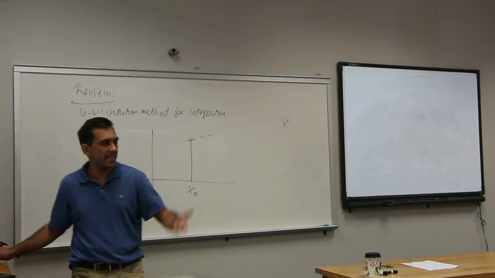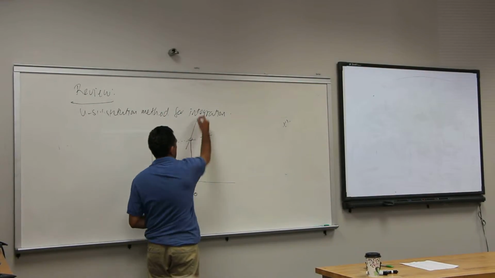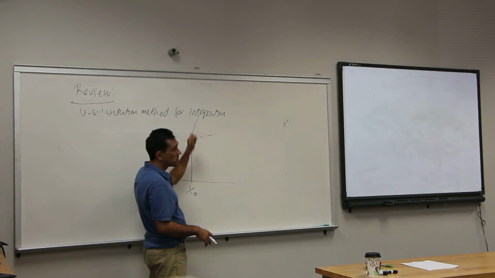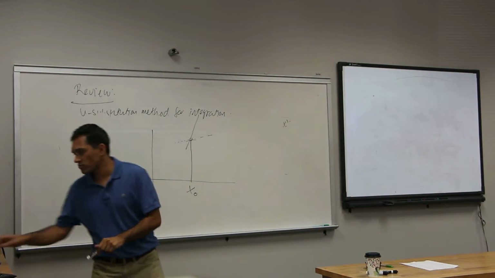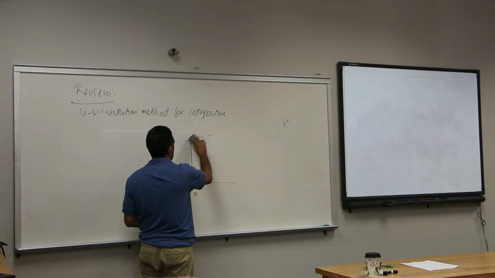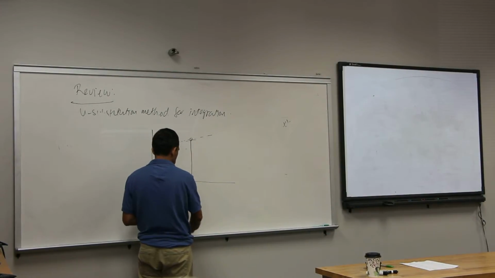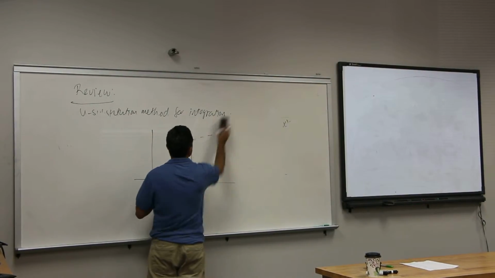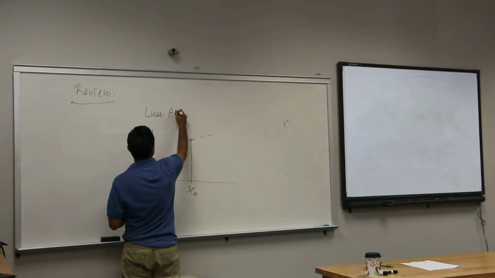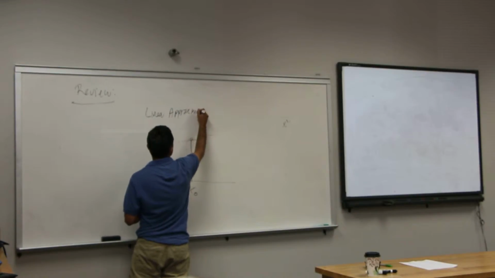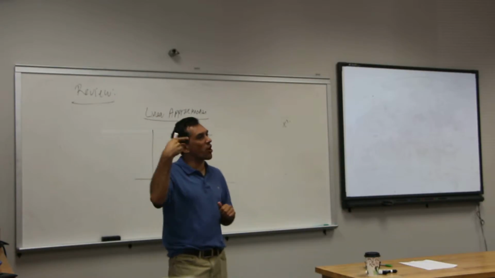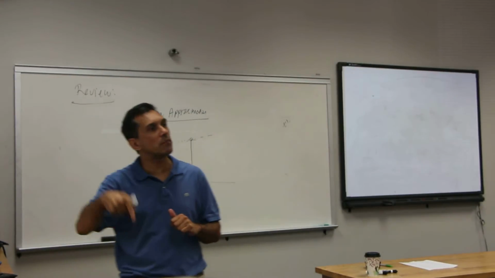Now, if you chose some other line, then who knows what you're doing. It's a bad approximation. So you want the tangent line. Now we say approximation of a nonlinear function at a given point.